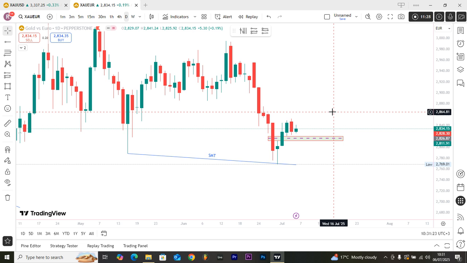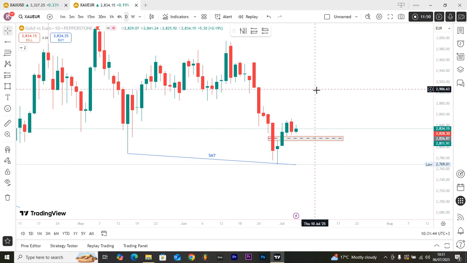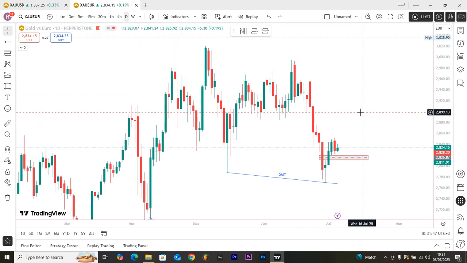I think I'll keep that for another video. But still, you can use the same concept, SMT on higher time frames, on Nasdaq, S&P 500, and US 30. Just see how they correlate with each other, but ensure that you're on a higher time frame, because that is what is going to give you the confluences of a high probability setup.